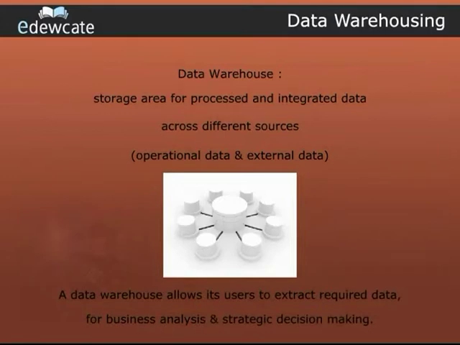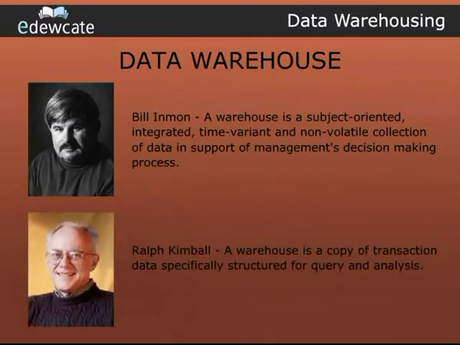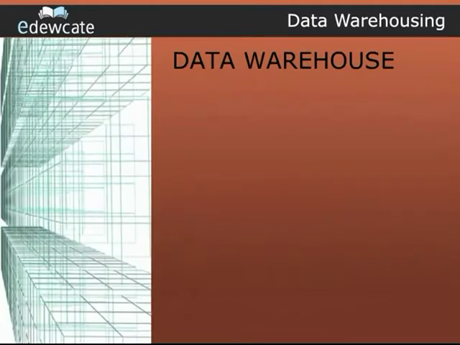Let us look at what other definitions people have attributed to data warehousing. Bill Inmon says, a warehouse is a subject-oriented, integrated, time-variant, and non-volatile collection of data in support of management's decision-making process. Ralph Kimball had said that a warehouse is a copy of transaction data specifically structured for query and analysis.